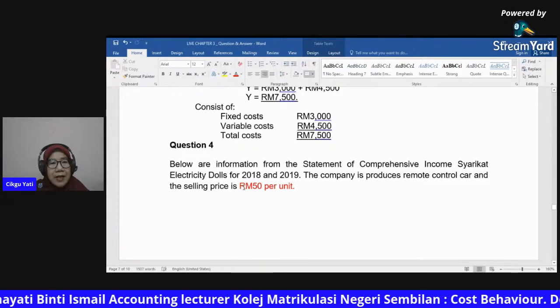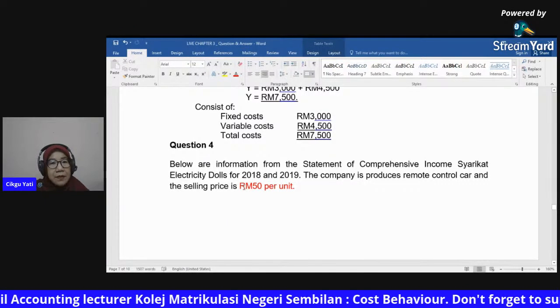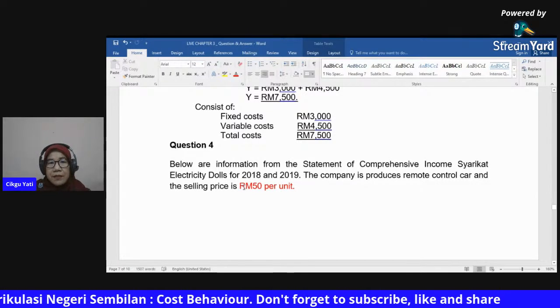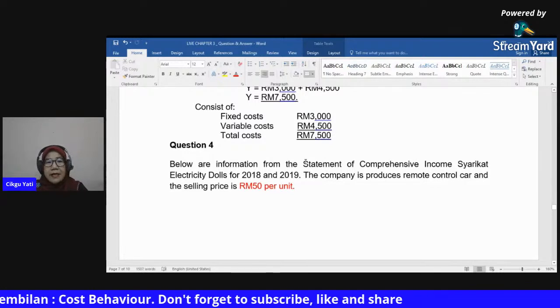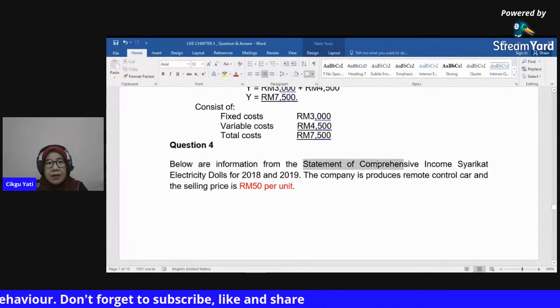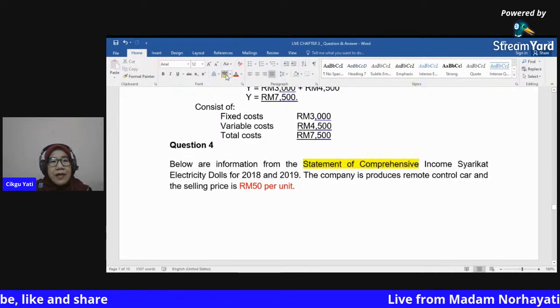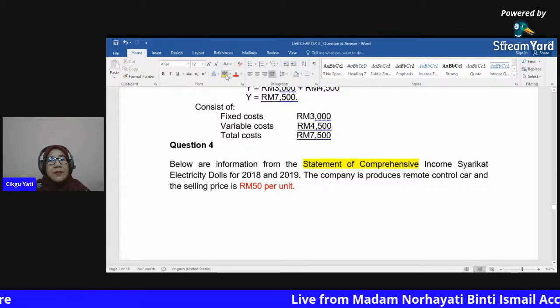So this one is the statement. There is a missing figure. You have to calculate sales in unit because this one is the statement. So we have to calculate sales in unit. That one represents the activity level.